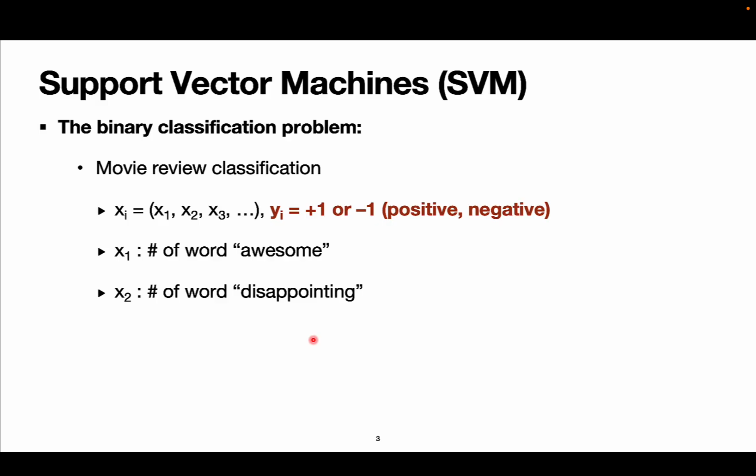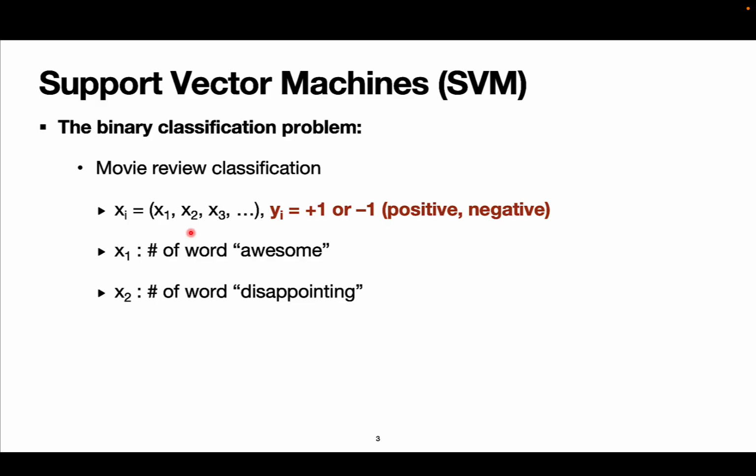Let's start with a simple classification example, such as classifying movie reviews as positive or negative. Each review can be represented as a feature vector x1, x2, x3, such as the number of times the word awesome appears, the word disappointing appears, and so on.